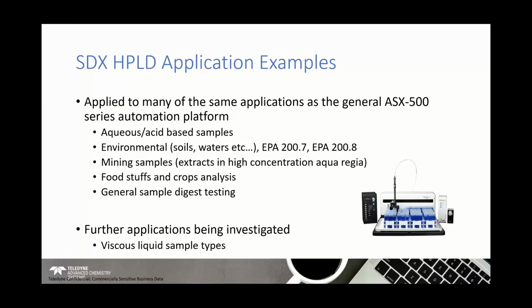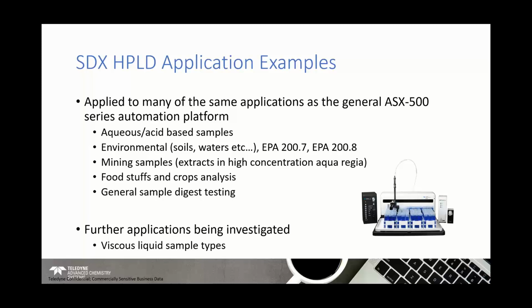And then things like foodstuffs, crops analysis, etc. And anything outside of that whereby we've got liquid dilution, which is a requirement of the analysis. As we're looking at other applications all the time for the SDX system, and also its sister product, the SimPrep, we're particularly looking at the moment at more viscous sample types, viscous liquids that we might need to work with for dilution steps.